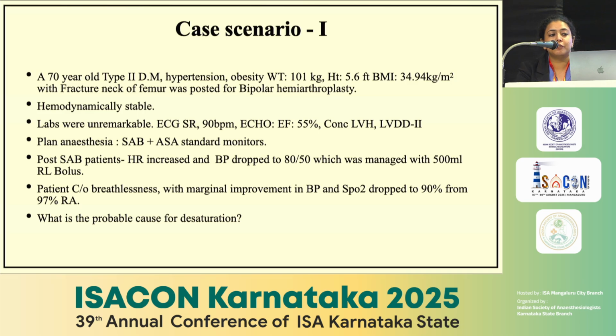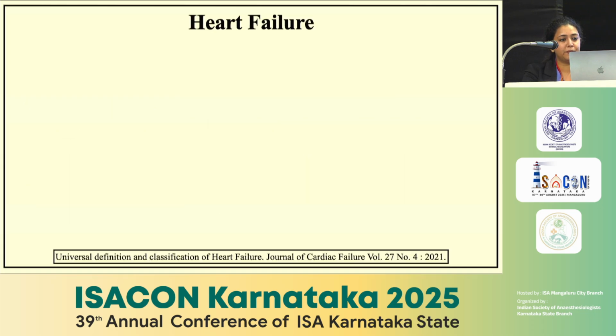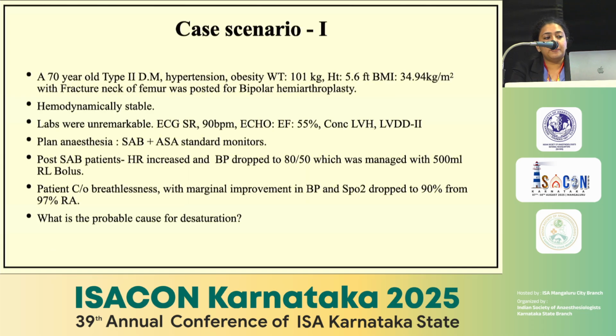Now let's begin with case scenario 1. A 70-year-old patient with type 2 diabetes mellitus, hypertension, and obesity, with a BMI of 35, with fracture neck of femur was scheduled for bipolar hemiarthroplasty. Preoperatively, his labs were unremarkable. However, echo showed an EF of 55, grade 2 diastolic dysfunction, and concentric LVH. Subarachnoid block with ASA standard monitors was planned.